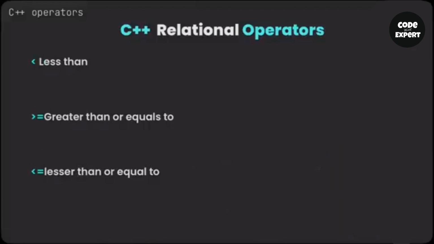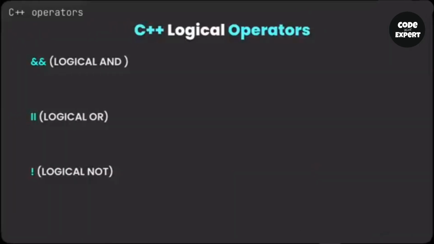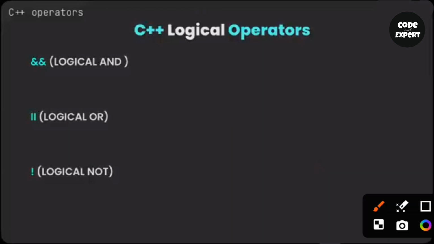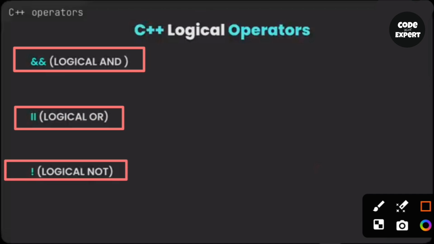Now, as we have seen two operators, arithmetic and relational operators, in code, let's move toward the logical operators, which are somewhat new to you. First is logical AND, second is logical OR, third is logical NOT. What does this mean?